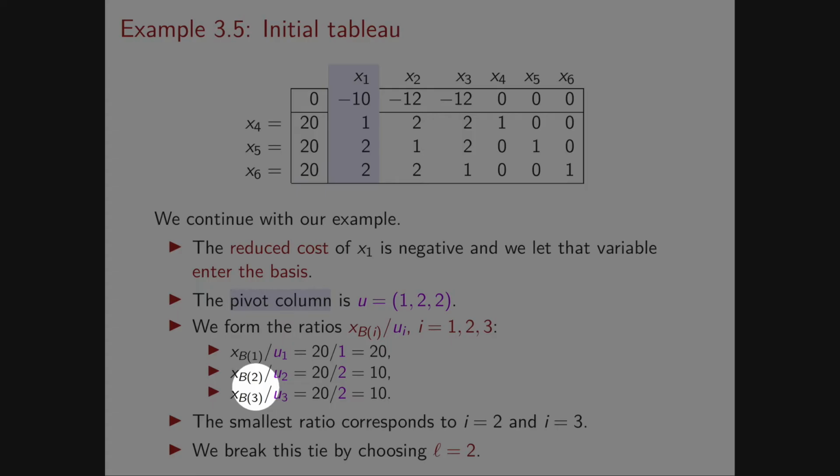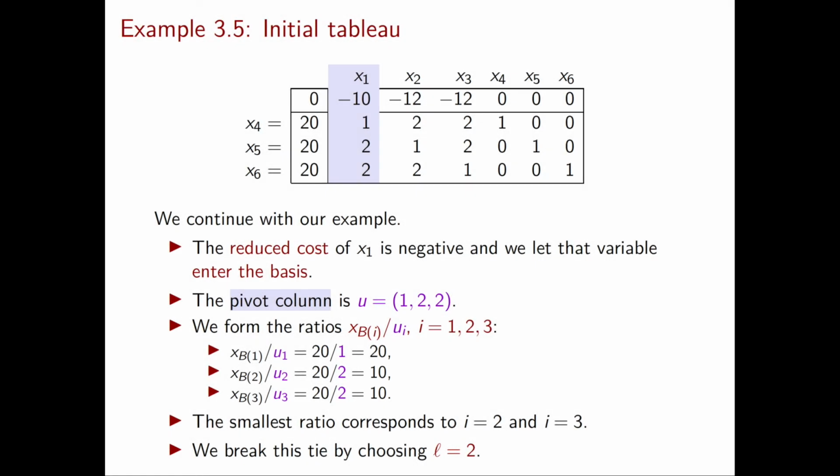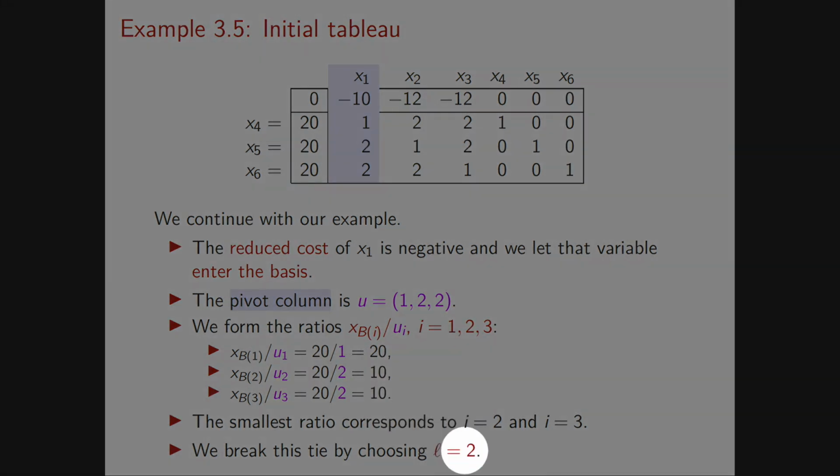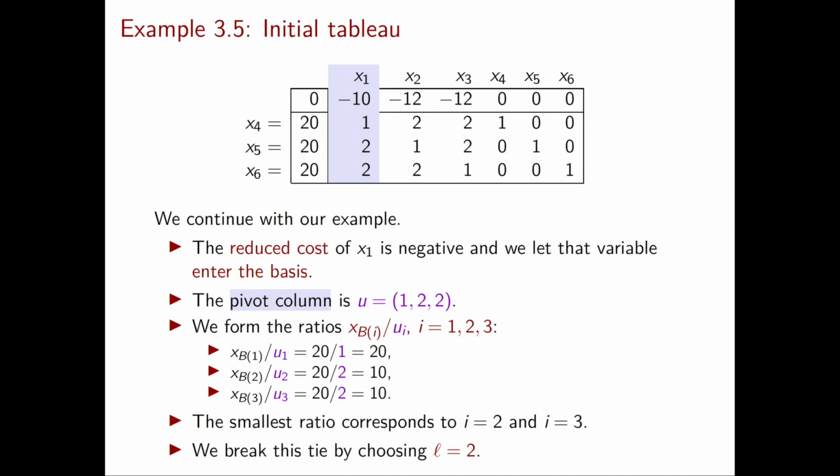So we could choose the second or third basic variable to leave the basis, because they both correspond to the smallest ratio. Once again, we have to look at our pivoting rule to break this tie, and since I am your pivoting rule, I tell you to choose l equal to 2, so the second basic variable should leave the basis.